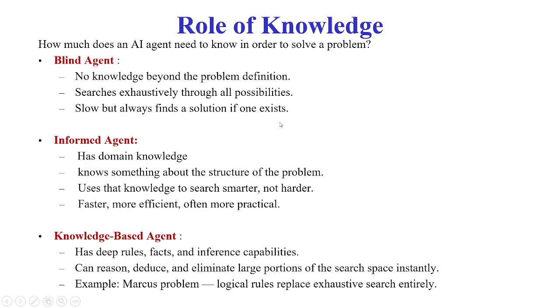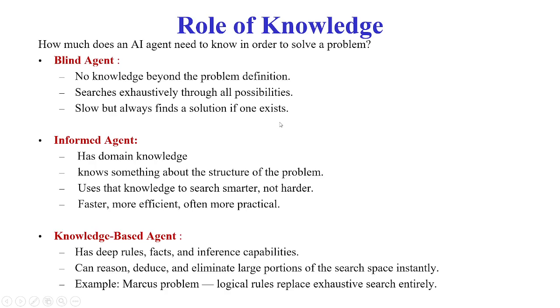Now, the core question we need to answer is how much does an AI agent need to know in order to solve a problem? Because for any kind of problem, there is a huge volume of information. So how much should an AI agent know to get an optimal solution?